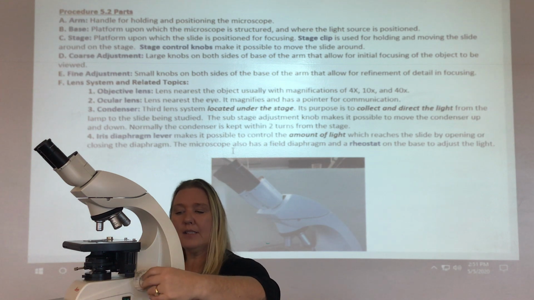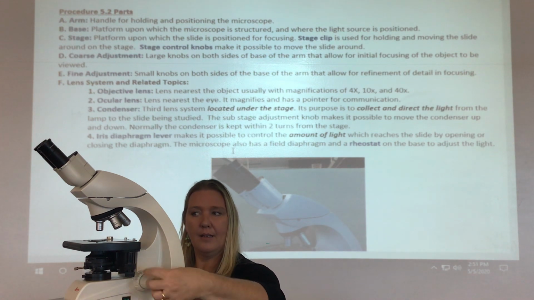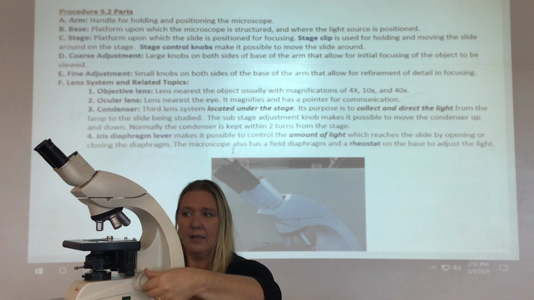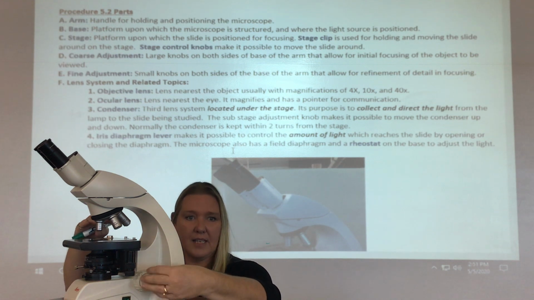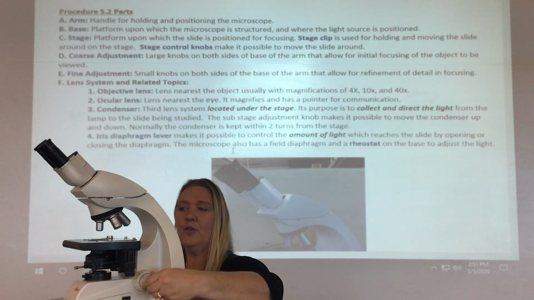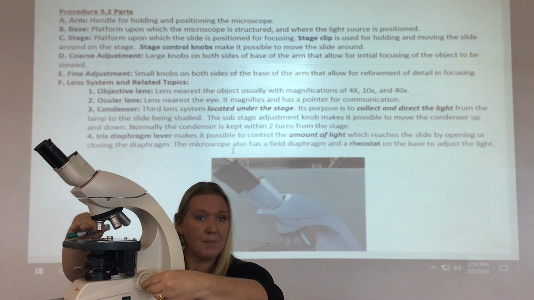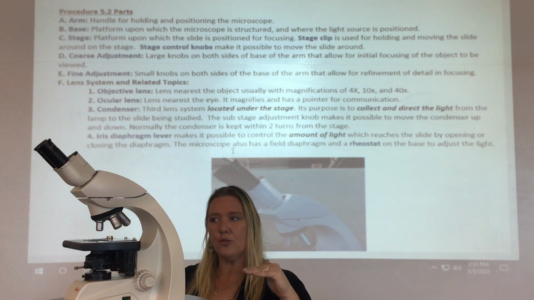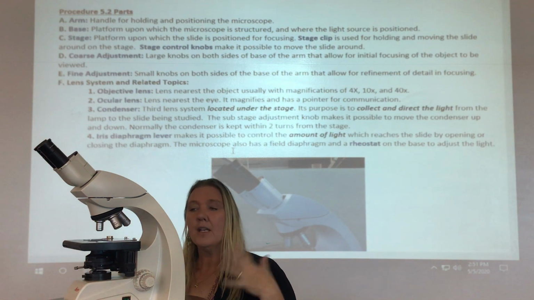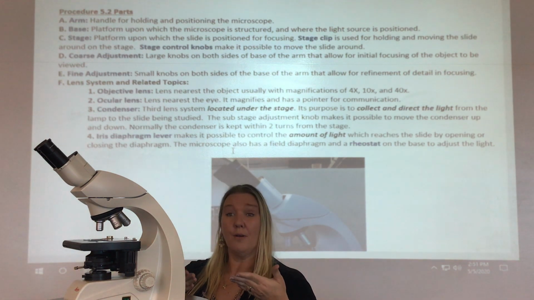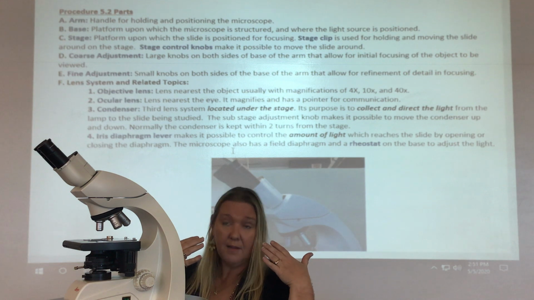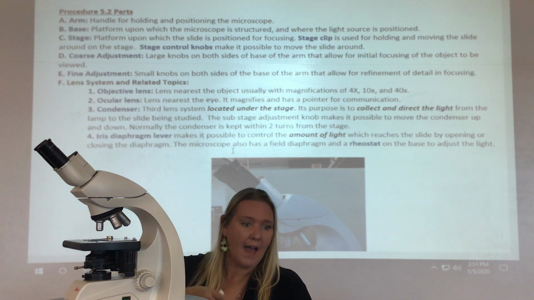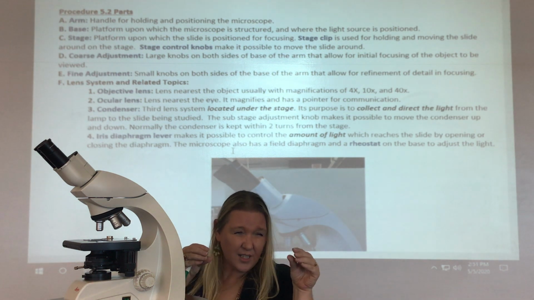Rough adjustment. The smaller knob, I can spin it and it barely moves the stage. I'm going full turns and it's not moving nearly as much. So this is focusing in very tiny increments. I may look in there and it's focused for my vision, and then someone looks in there and says, whoa, it's just a little out of focus.